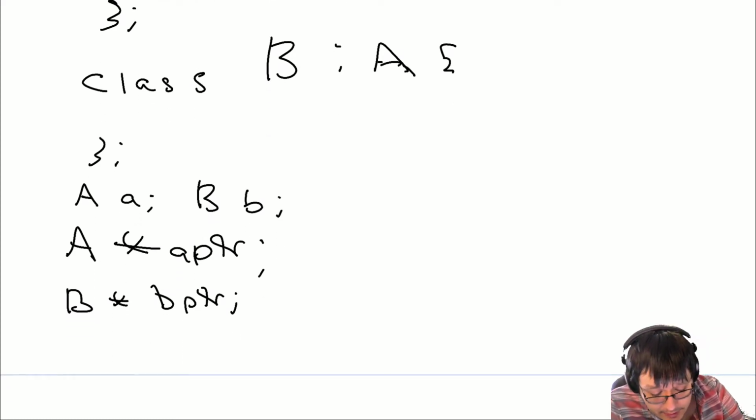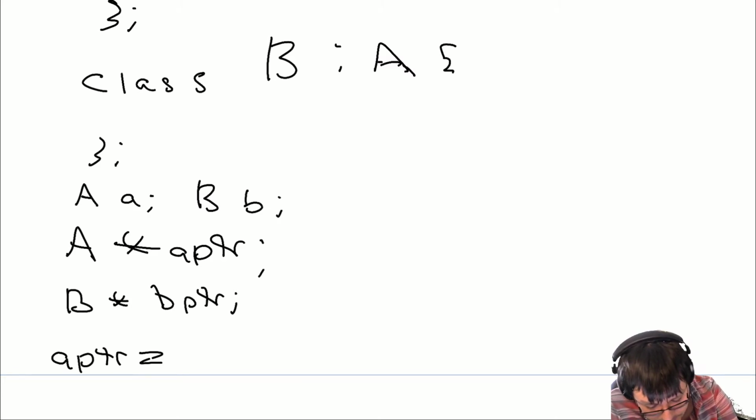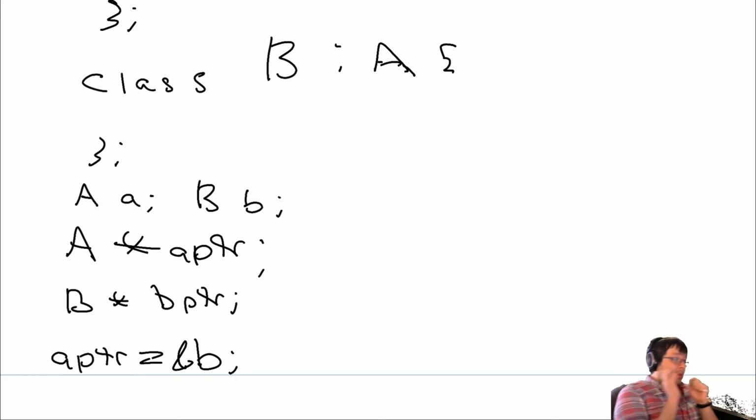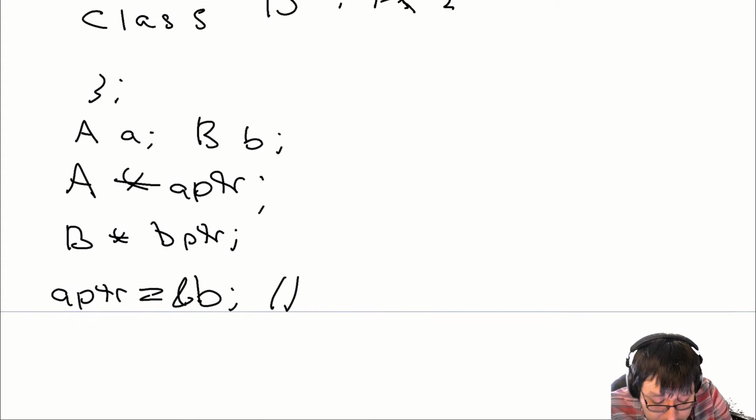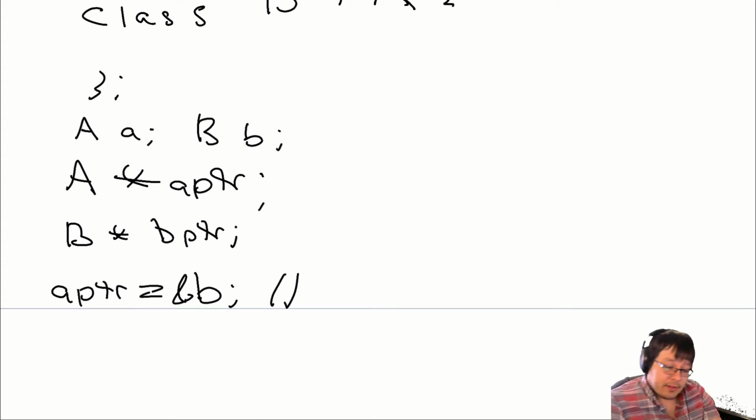So the act of me doing the following line of code, which is taking a B object and having it being pointed to by an A pointer, what I'm doing is I'm telling the computer, like, I have this object of a derived class that I'm going to be pointing to with a base class.